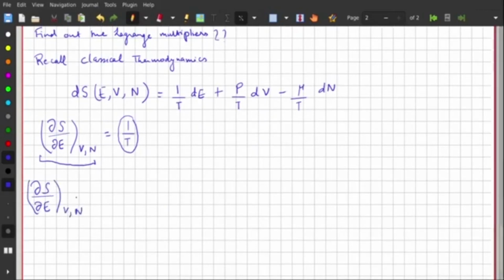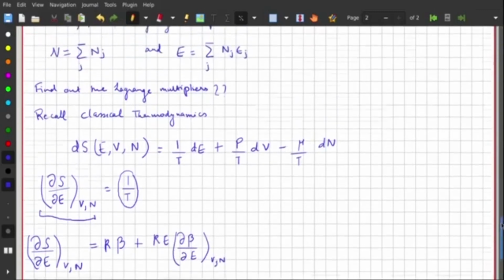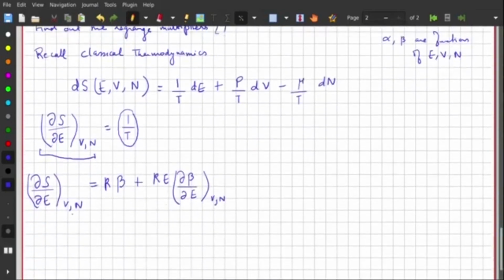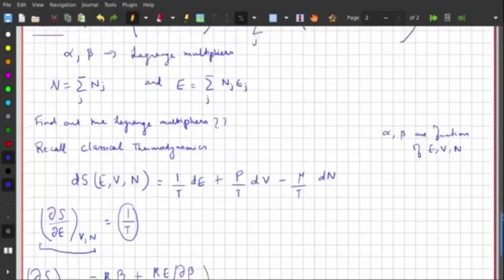If we do that, partial S partial E at constant V, constant N becomes k beta plus k E partial beta partial E at constant V, N. One very important thing to keep in mind is that the Lagrange multipliers alpha and beta are themselves functions of the variables E, V, N. That's why when we differentiate with respect to E, we need to differentiate the Lagrange multipliers themselves with respect to E, keeping V and N constant.